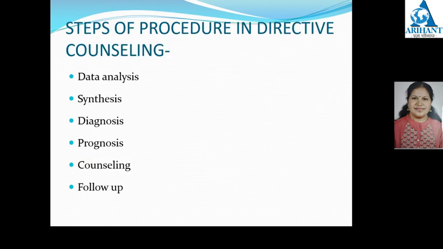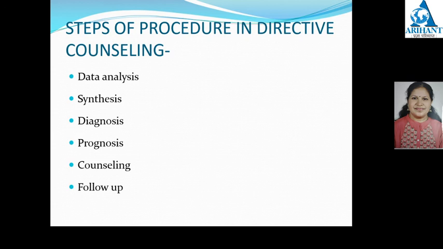What are the steps of this directive counseling? Data analysis. First, there will be interaction between counselor and counselee. Through this interaction, various tests will be conducted, tools and techniques will be used.